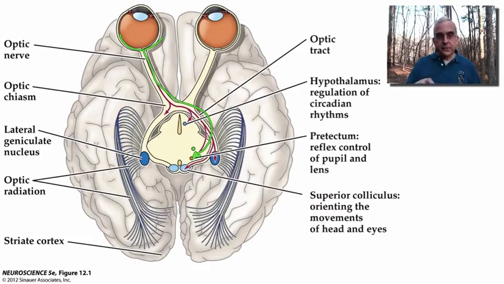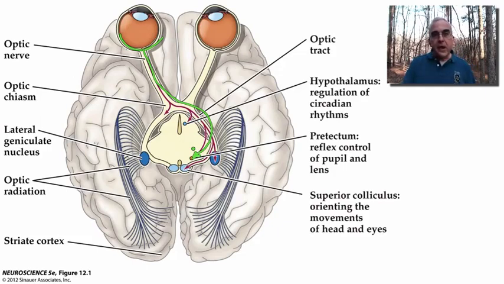Tectum means roof. It's the roof over the cerebral aqueduct. So the region just in front of the roof is the area of our focus in this session. That's what we call the pretectum. That's where we find a collection of nuclei that receive direct input from the retina. And it's those cells that will coordinate the distribution of that sensory information to the motor structures that result in the constriction of the pupils.